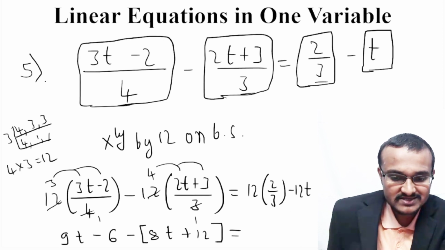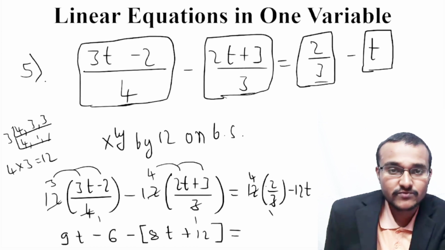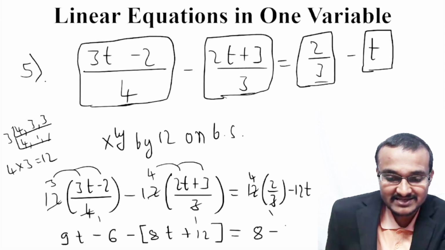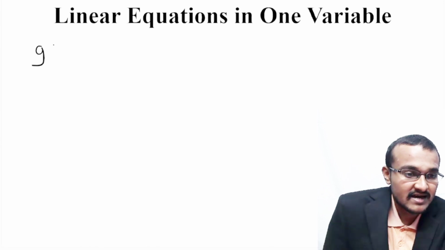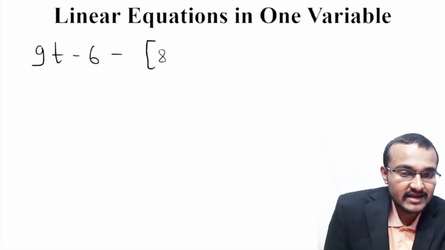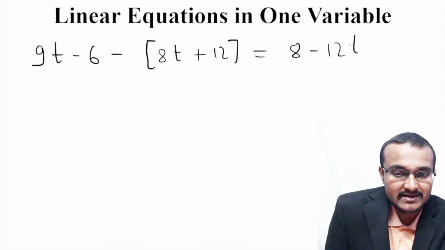Now this side also you can solve. 3 1s are 3, 3 4s are 12. So 4 into 2 will be 8. So 8 minus 12t. So the equation which you have got here is 9t minus 6 minus of (8t plus 12) is equal to 8 minus 12t.